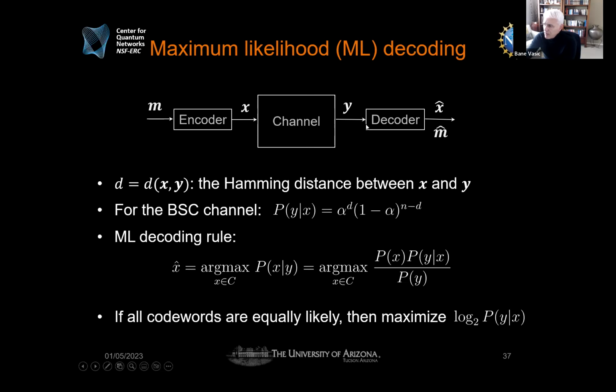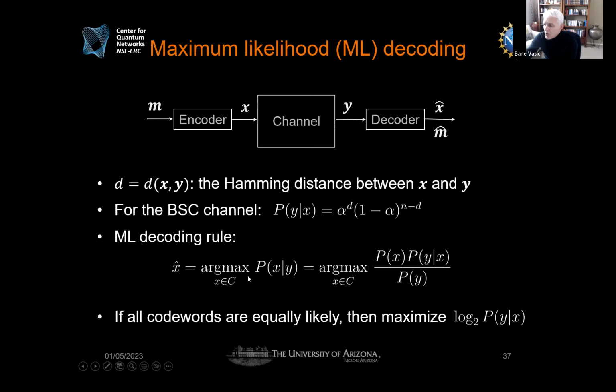So now, what is the best that the decoder can do? Our decoder needs to go over all possible input vectors X, all code words, and find the vector X that maximizes the probability P of transmitting X given Y. So see, this is something that is given by the channel, and this is a probability that I need to compute.